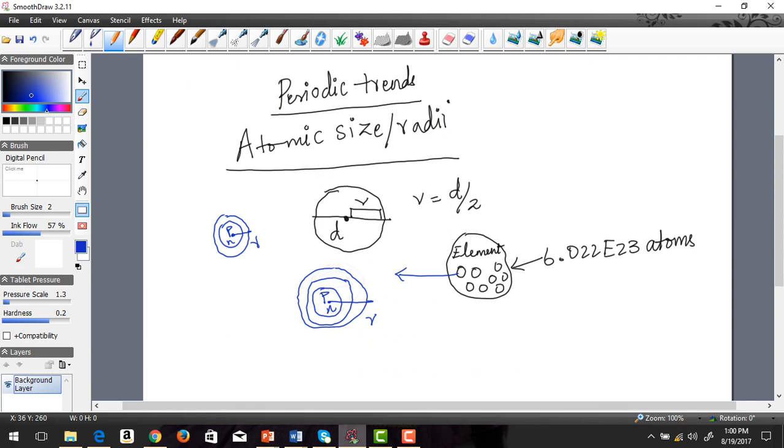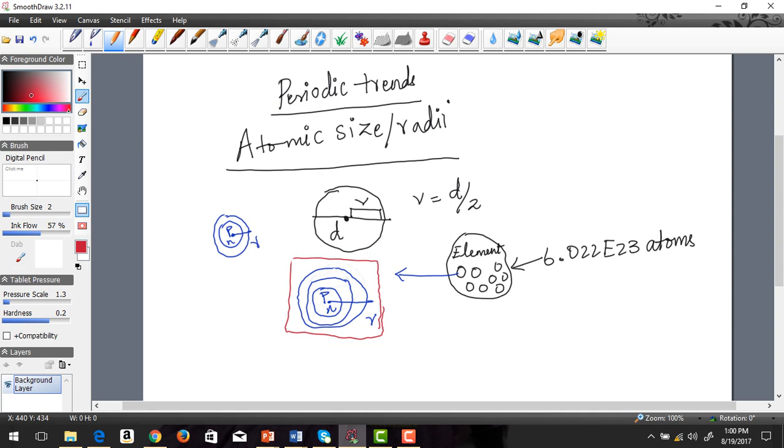Obviously, between these two right here, you probably guessed it. I'm going to pick a different color. Which one do you think will be bigger? Well, it's not that straightforward a question or answer, but for now let's go with this one, because it's got the biggest radius of the two.